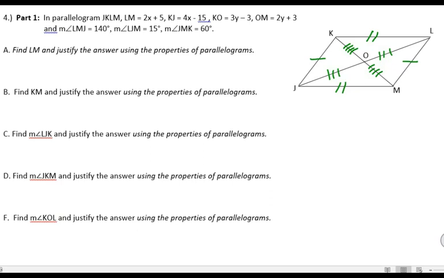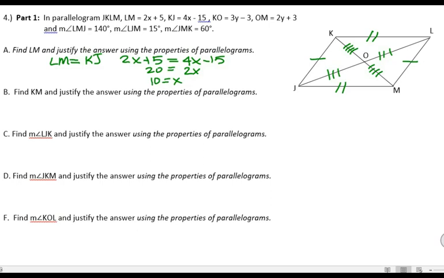So we know that LM is equal to KJ. So I'm going to set that up that way and solve it. So I've got 2x plus 5 is equal to 4x minus 15. I'm going to subtract 2x from both sides. That gives me 2x over here. I'm going to add 15 to both sides. That gives me 20. So x is equal to 10.